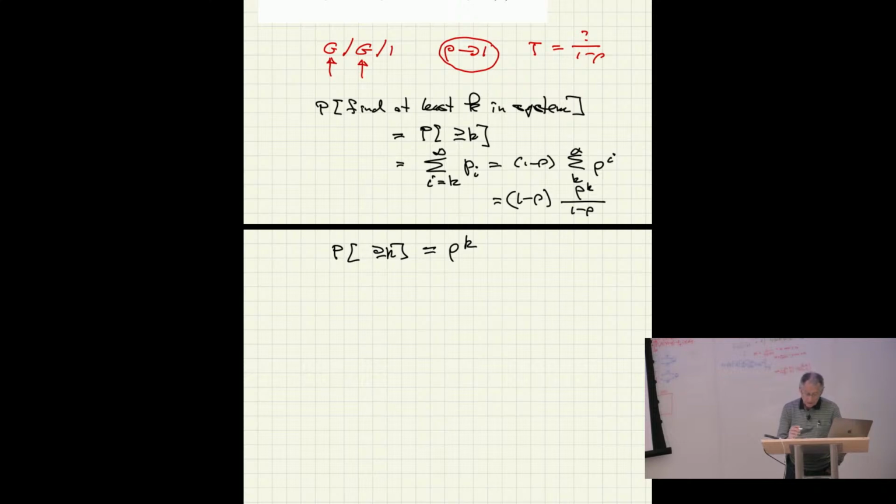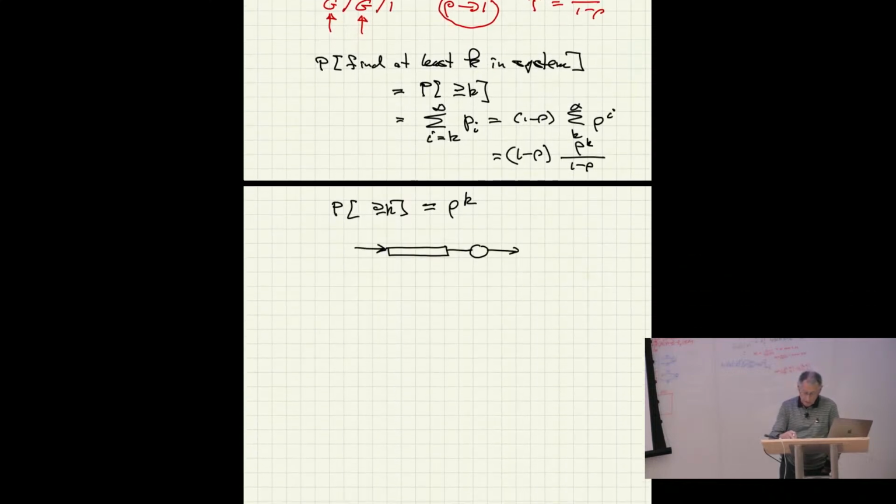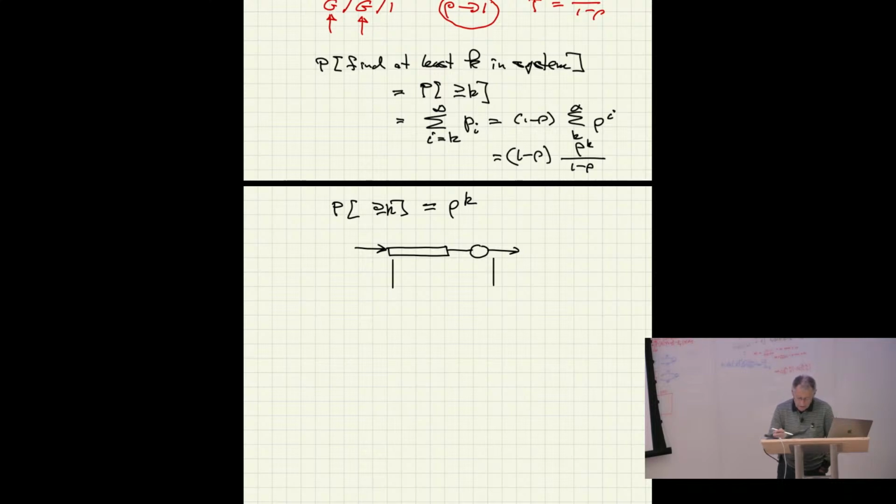Now, let me draw my little queuing system again. Up here, I found the mean response time in the overall system, and that mean time we called capital T. I also know that the mean time in service is 1 over mu, which means that I can identify the mean time in Q. I'm going to give that a name, W, meaning waiting time.